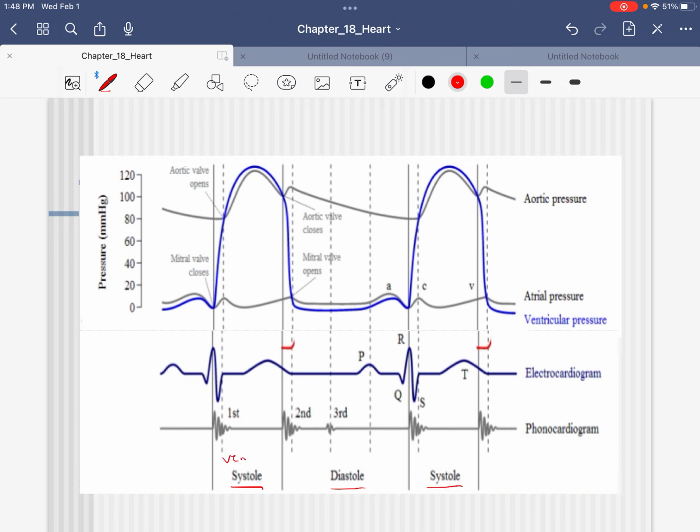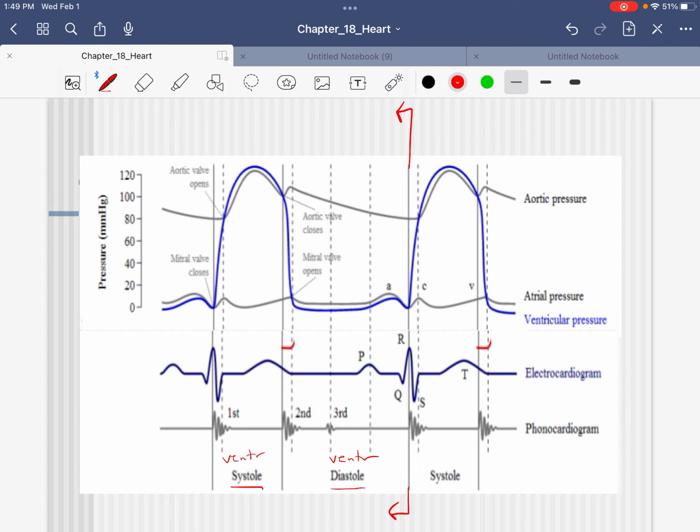So here we see ventricular systole, and this is going to be ventricular diastole. Over here's the start of the next one. We really don't need that. We're just going to focus on one complete cycle. But this is cool because it shows you it again. So we're just going to focus from here over. It just repeats itself if you're interested.